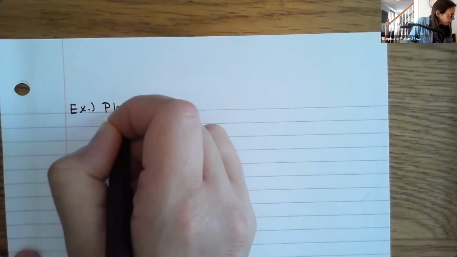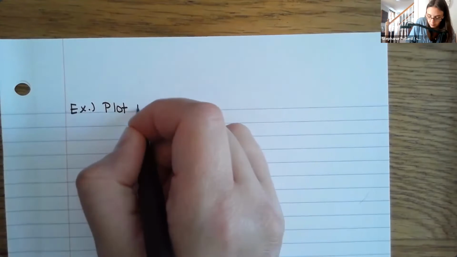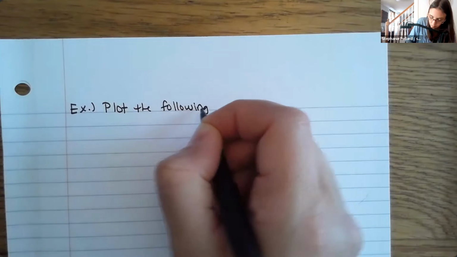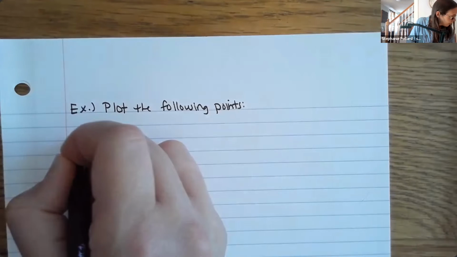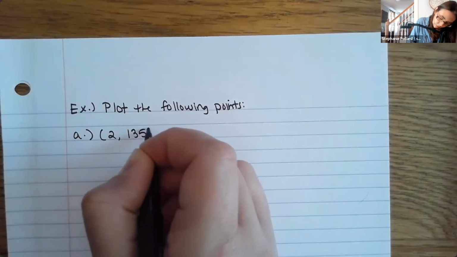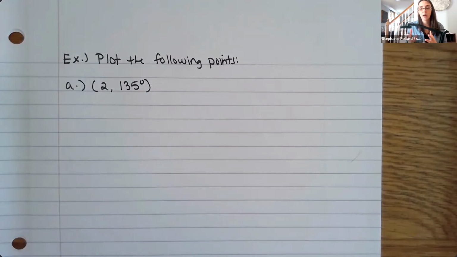So we're going to plot the points of the following polar coordinates. All right, so the first one's going to be 135 degrees.